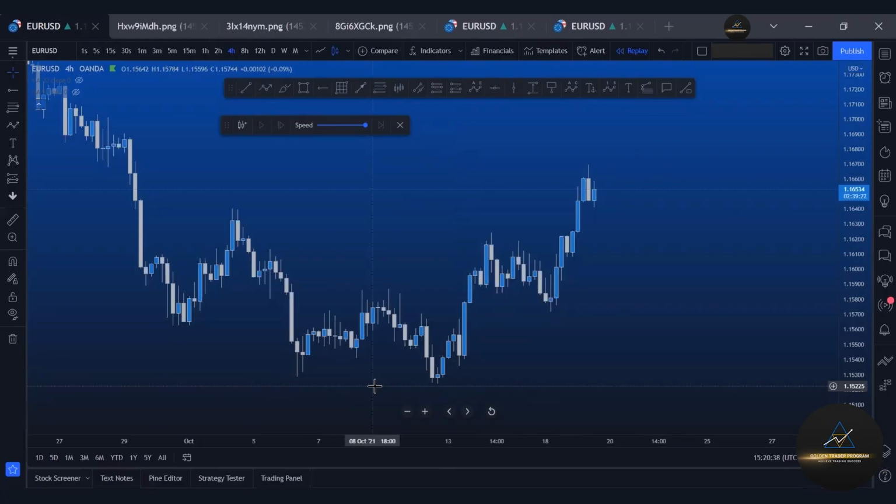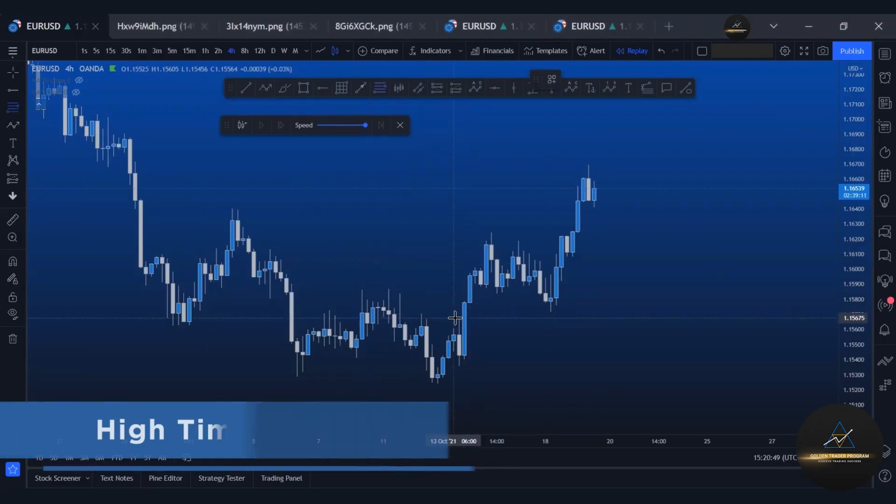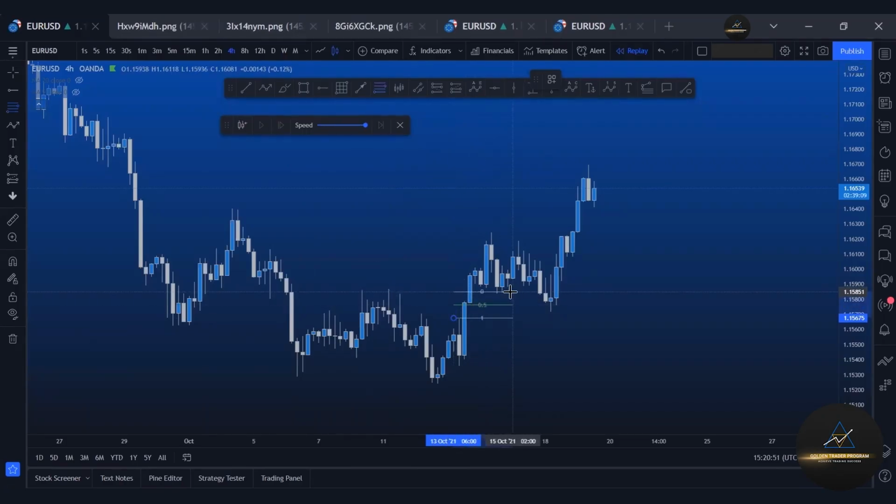So for example, if you're a swing trader and you don't have time to execute trades on a 15-minute or the 1 hour time frame, you can still implement the same thing, you see? So for example, with this imbalance on the 4 hour, as you can see, to the right, there we go, imbalance from there.